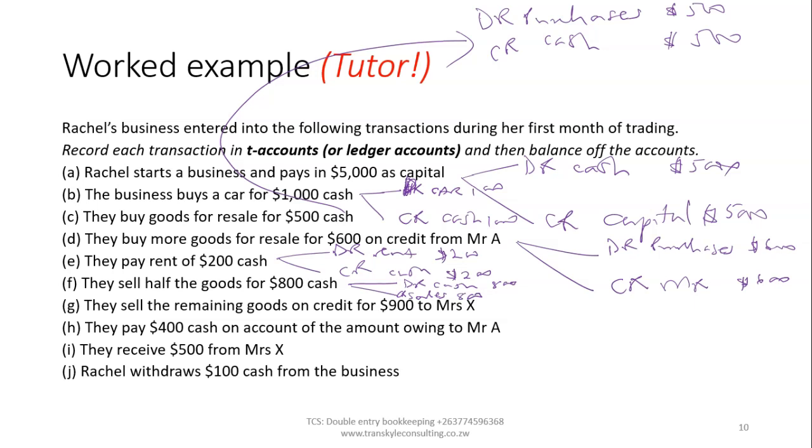But you also need to know that the inventory items have also reduced. So inventory should also be credited with the actual cost of the inventory, not reduced by $800. It is only to be reduced by the actual cost of the inventory.